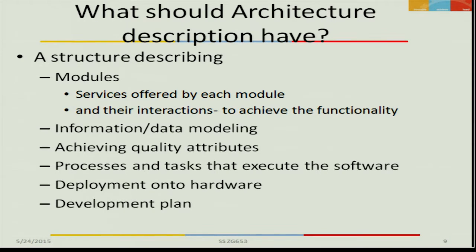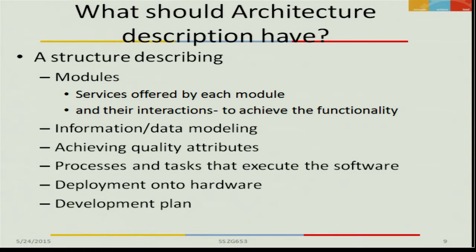So then the next question is, what should the architecture description have? Well, the architecture description should at least have a structure having a set of modules. Each box you can call a module, but it should clearly have a set of services offered by each module. It should be clearly defined. Their interactions should be defined to achieve the functionality.